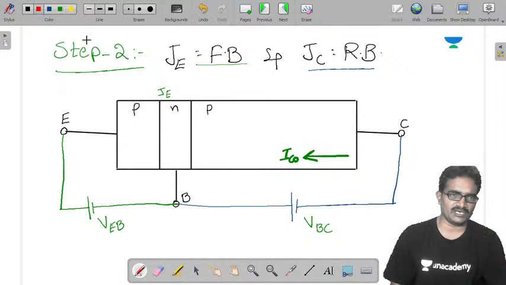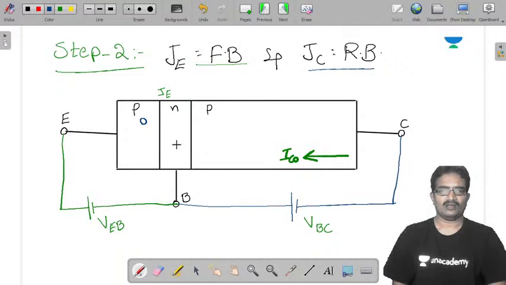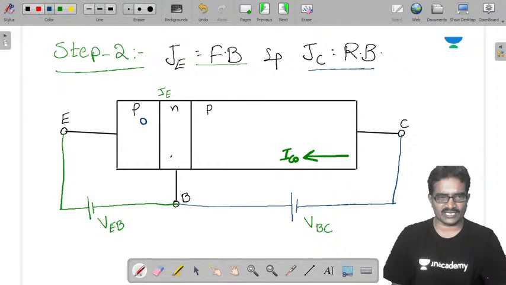Here majority charge carriers in P region are holes and in N region majority charge carriers are electrons. Now holes will move this side.